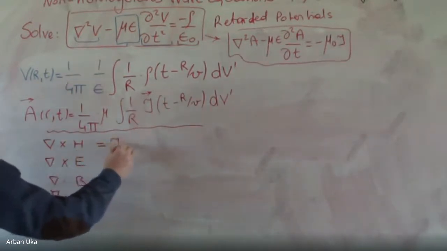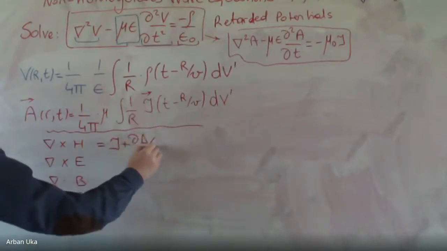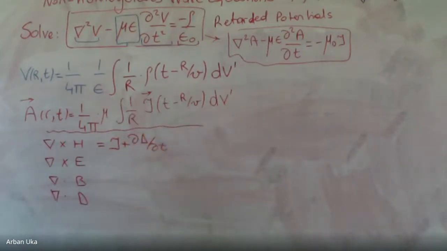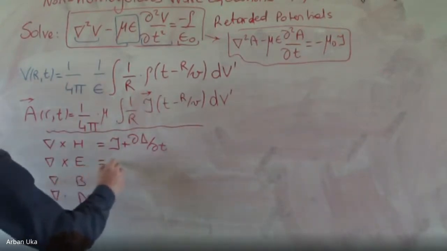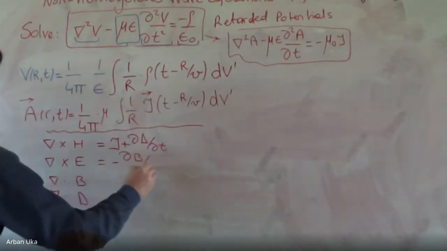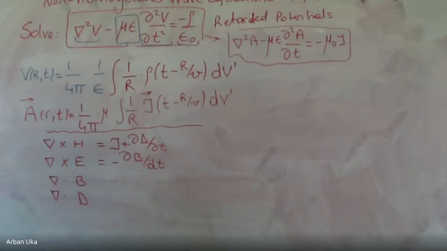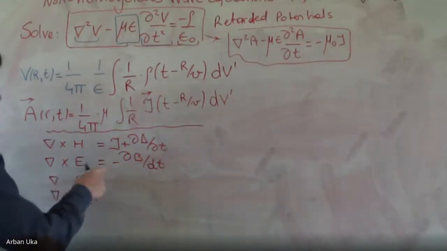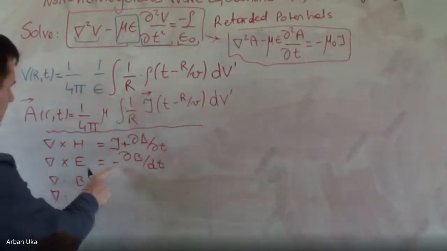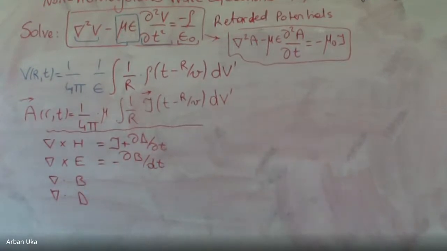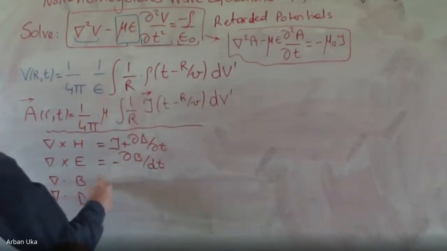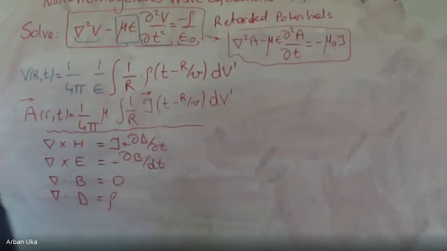Here we have J plus the derivative of D with respect to time. Then the curl of E is equal to minus the derivative of the magnetic field with respect to time. You can always have the formula sheet, but I personally remember that this is the only place where the minus sign appears. Then this is always equal to 0, and this is equal to rho.